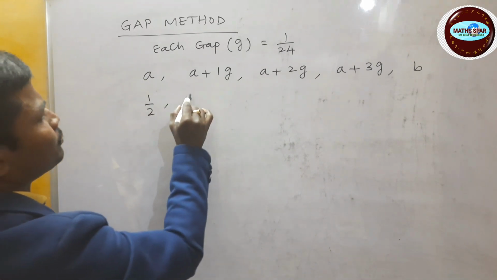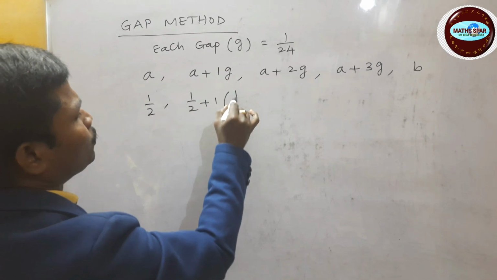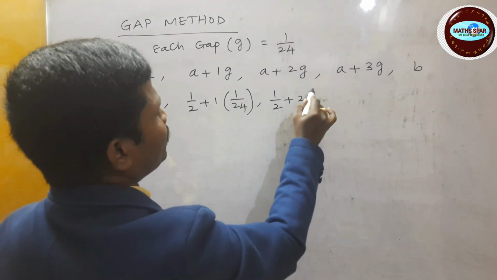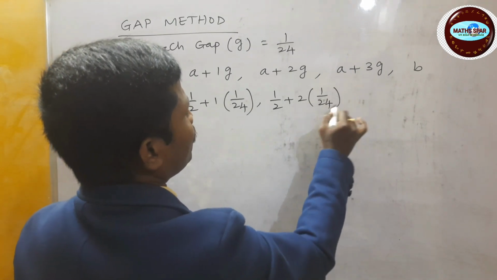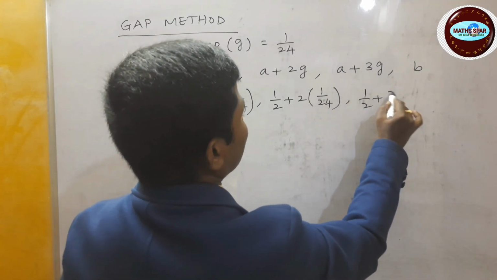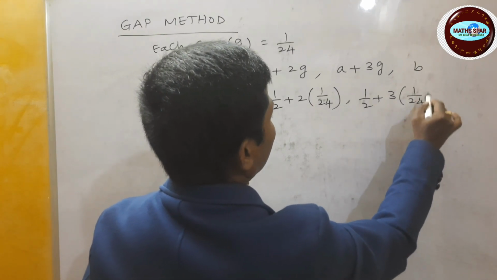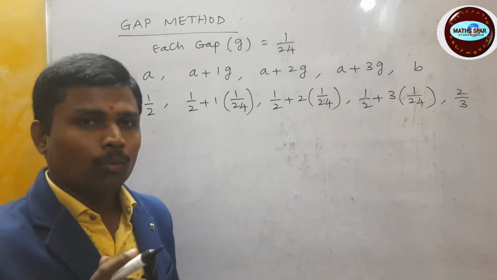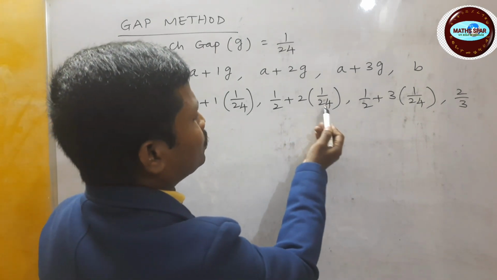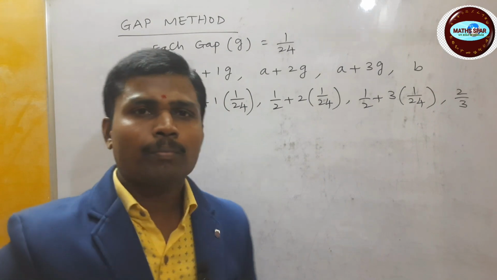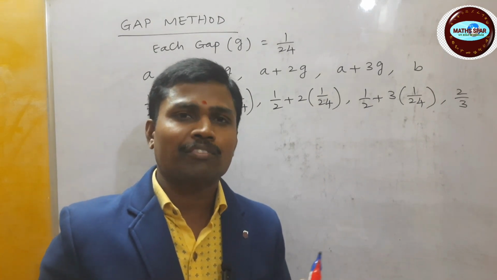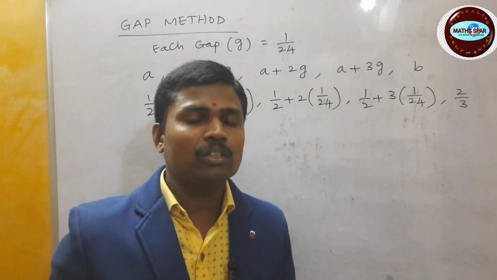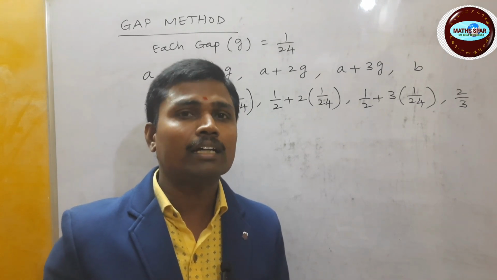Then half plus 1 into 1 by 24, half plus 2 into 1 by 24, half plus 3 into 1 by 24, then B, 2 by 3. Now, by looking at this 2 and 24 and 3 and 24, you may think about the possibility of cancelling it, but please do not do that, so as to make your solution easy at the end.